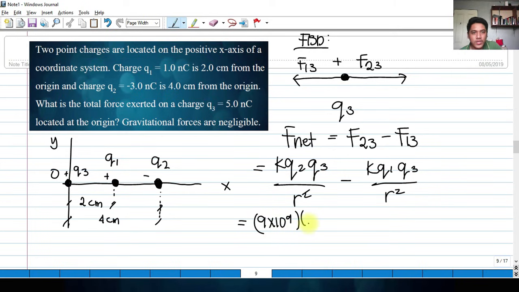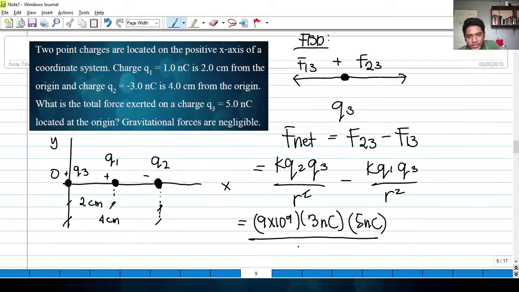Q sub 2, as I said a while ago, if you already assign the direction of the forces, you have to use the positive charge even if charge 2 is negative. So we use 3 nanocoulomb multiplied by charge 3, which is 5 nanocoulomb, divided by R squared. What is this R? The distance of charge 2 to charge 3 is 4 cm.